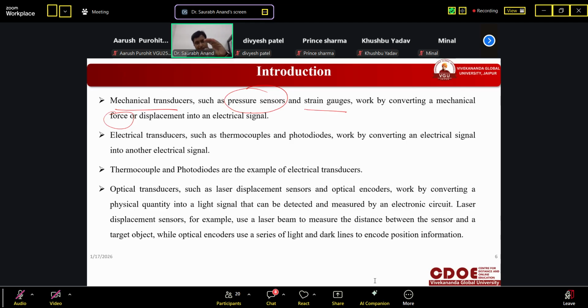Or that force can be in the form of displacement also, and that displacement is converted into an electrical signal. Then electrical transducers like thermocouple, photodiodes. Thermocouple, where do we use that?